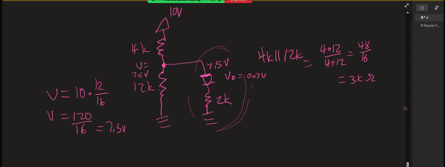So what is the voltage on the other side of the diode? It's going to be 7.5 minus 0.7, which is 6.8. Then the current through the 2K resistor will be 6.8 over 2,000.